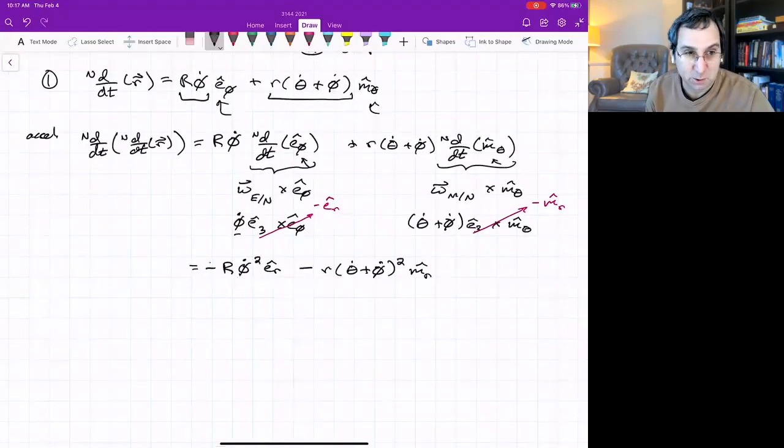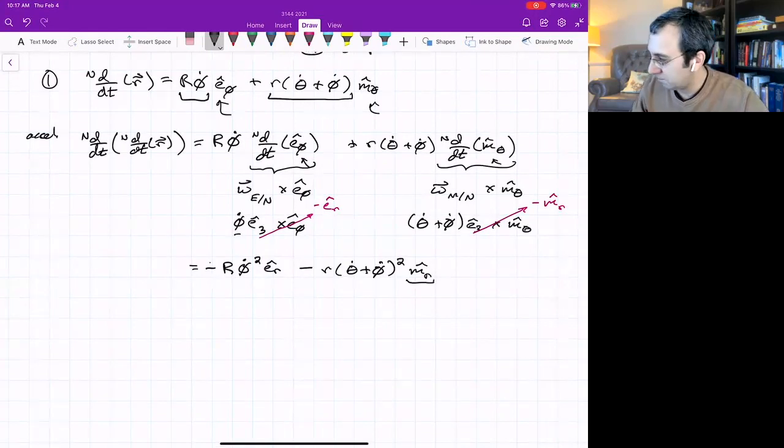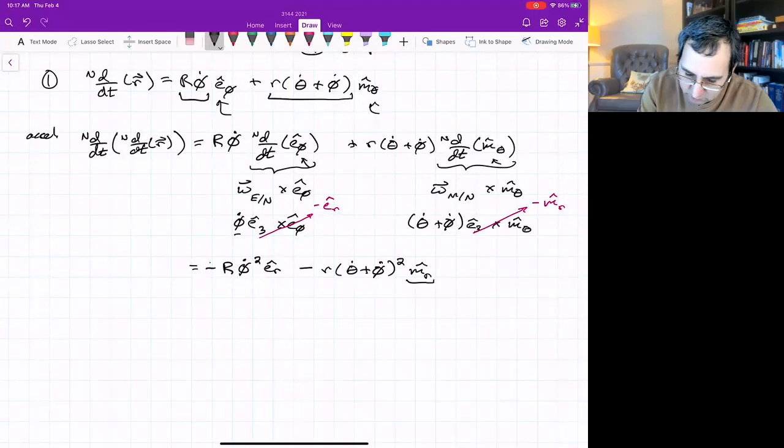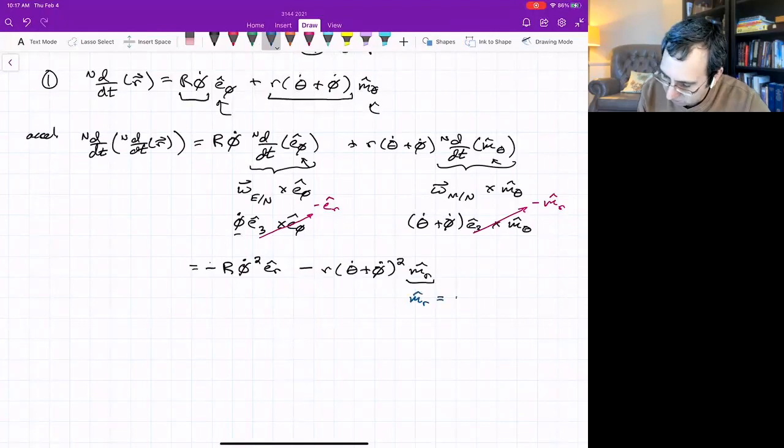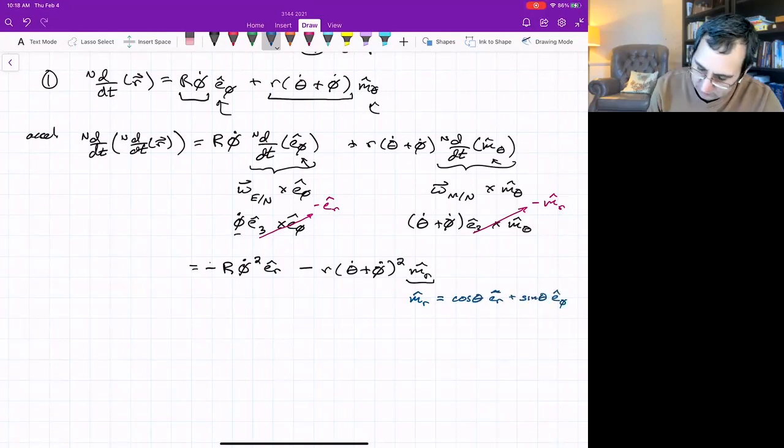And that is the most basic way to write it. Then I could substitute in, from what I know up above, what the MR frame was. Remember what MR was? I don't. MR, written in the E frame components, is cosine theta ER plus sine theta E phi.